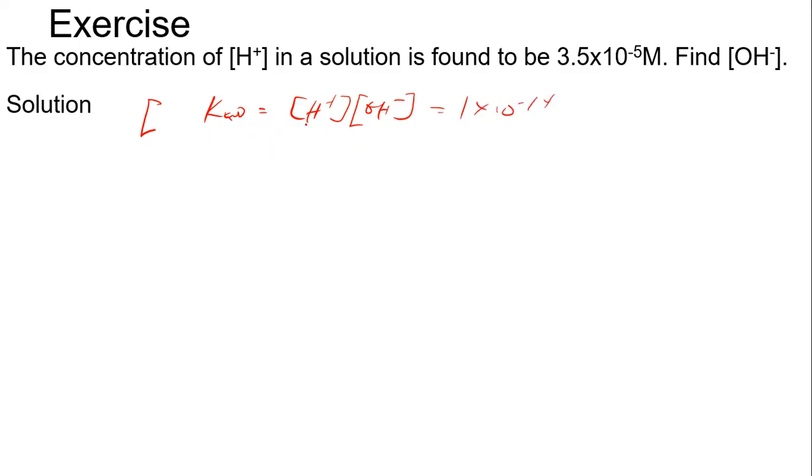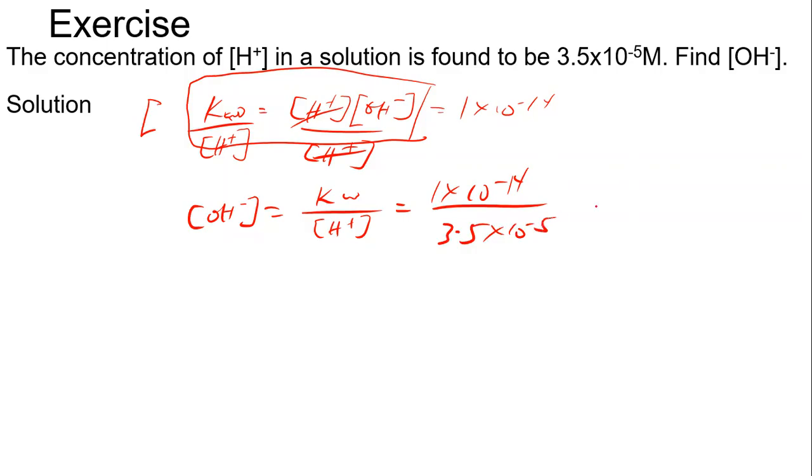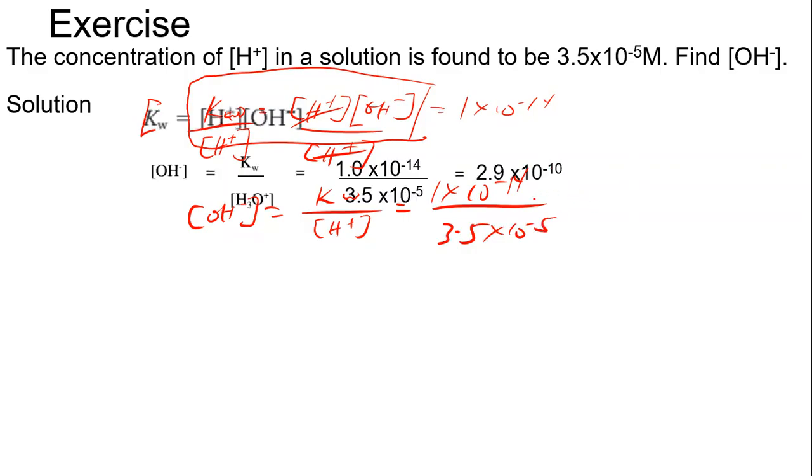Good. If I make the OH- the subject, it means I'll divide both sides by H+ ions. This one cancels this. It means the OH- ion concentration is equal to Kw all over H+. And then what's the Kw? The Kw is 1 × 10 raised to the power negative 14 all over 3.5 × 10 raised to the power negative 5. So you punch this and then you get your answer.